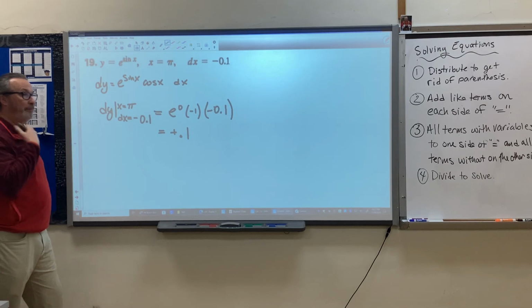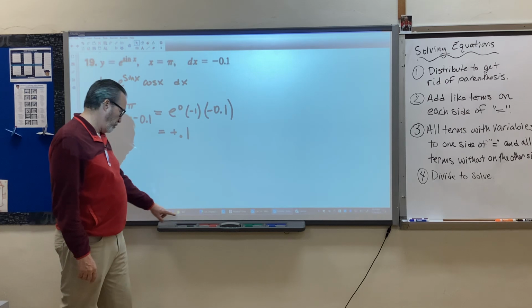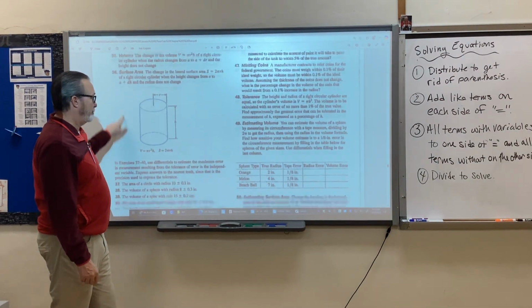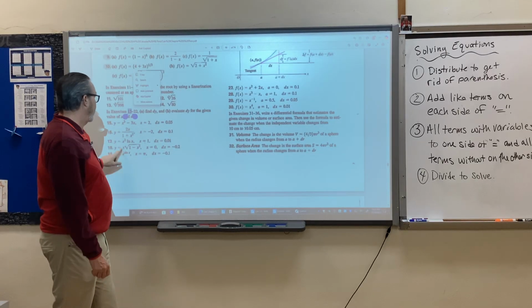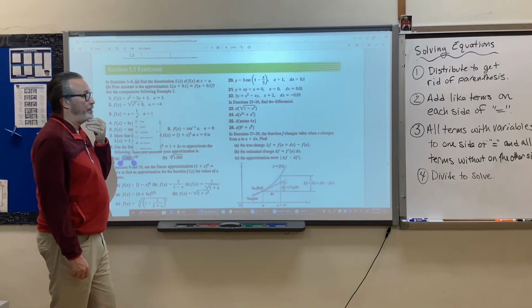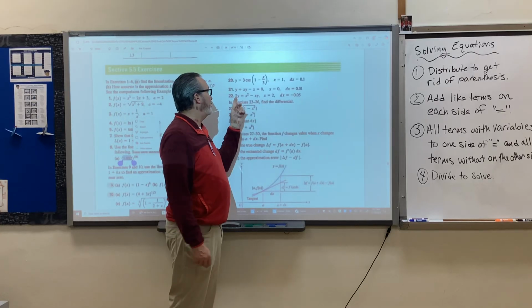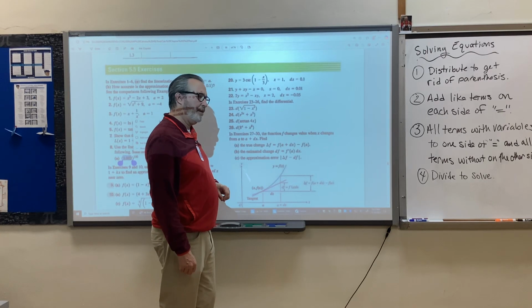Problem 23. 22. It was in that same section. Go up. Oh. Implicit differentiation. Plug 2 in to find y. Do we find y?